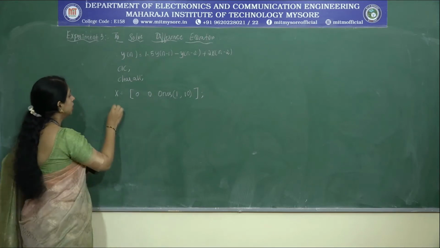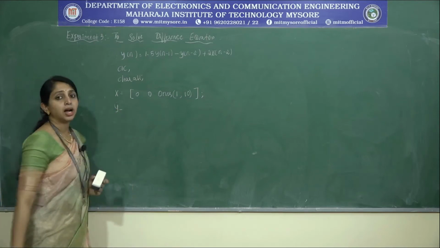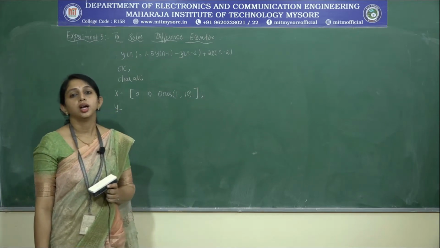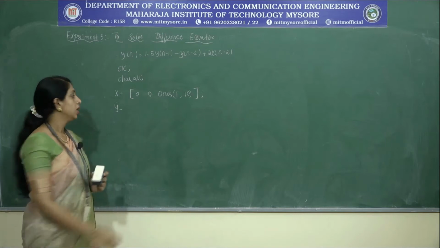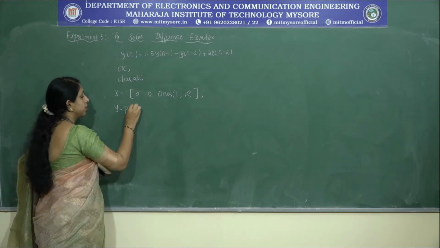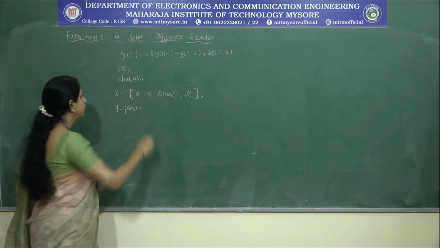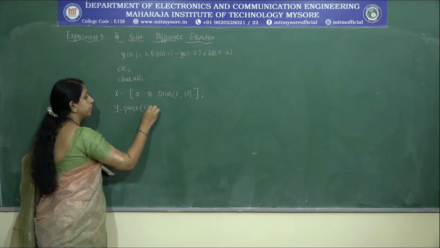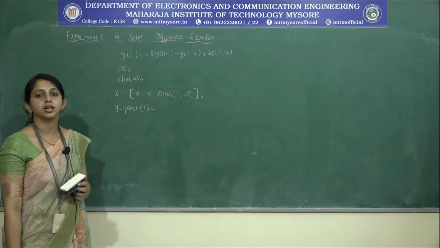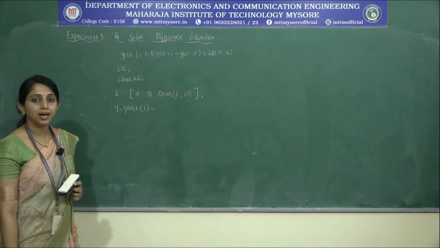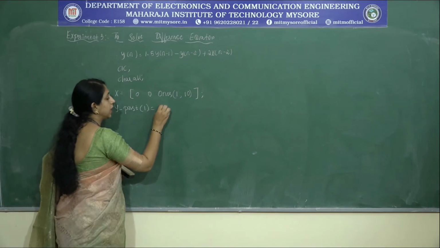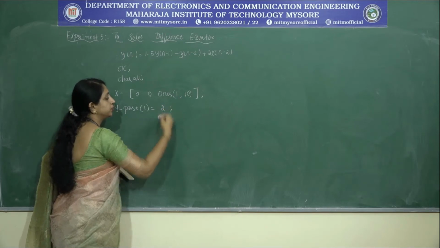Then we have past values with respect to the output. y past, I'll give a y past value of 1. That is understood to be the y of minus 1 value. I'll give it as 2.